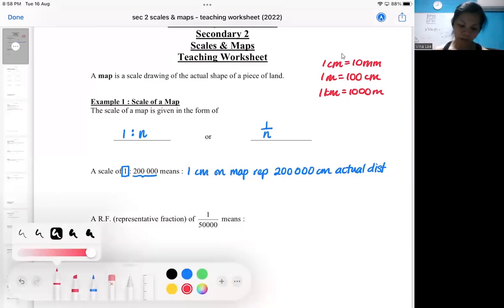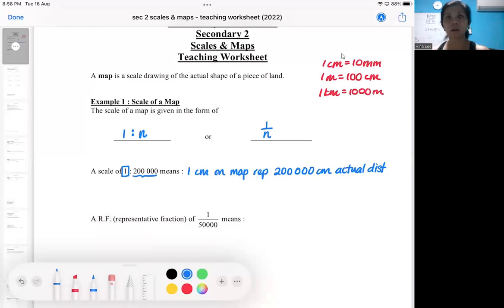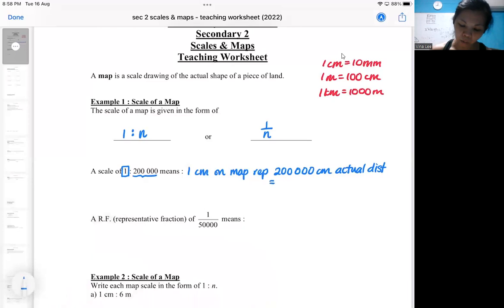Since it's not very logical to use centimeter for actual distance, sometimes we will reduce it. In this case, I divide by 100, so I get meter. Then I can further reduce it to convert to kilometer.